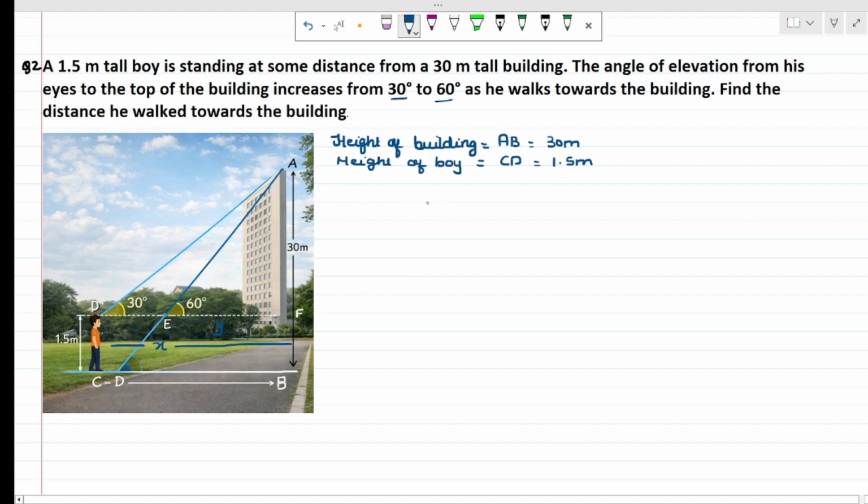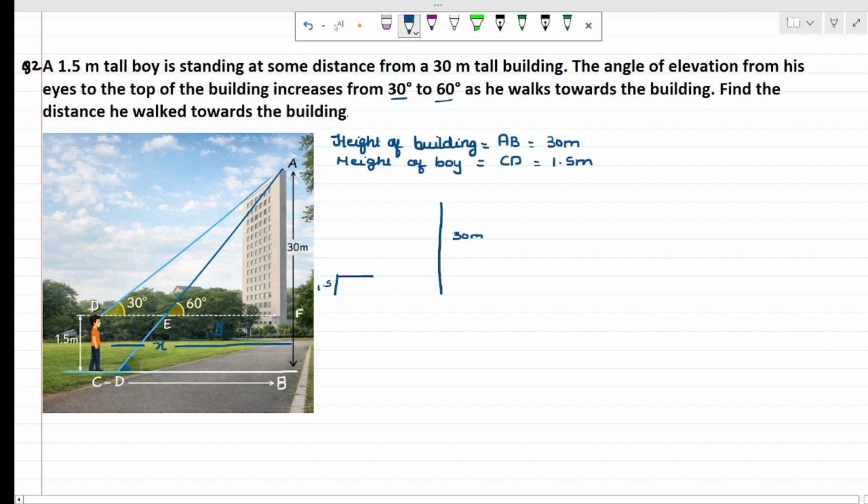So I will make a figure here as well. I am having my 30 meter tall building. This is my 30 meter tall building and the height of the boy is 1.5.